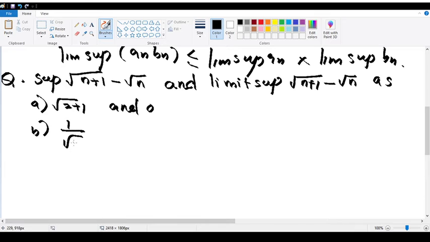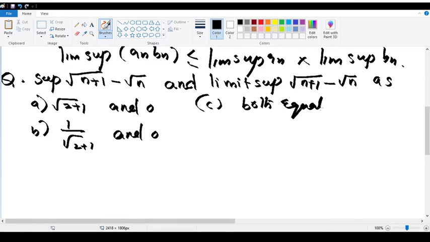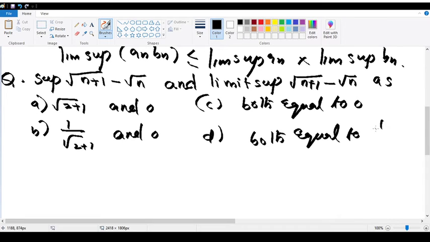Second option, 1 by root 2 plus 1 and 0. Third option, both equal to 0. D, both equal to 1 by root 2 plus 1. Can you try? Supremum of a sequence and limit supremum of a sequence.